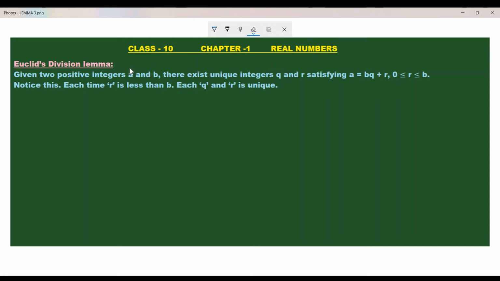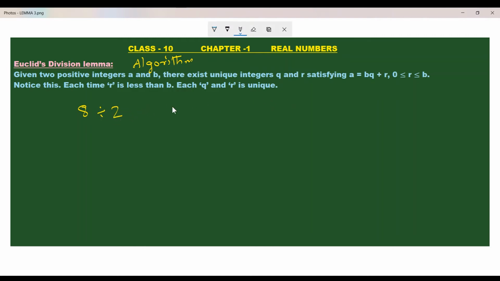Here we are going to see what is Euclid's division lemma and algorithm. See, an algorithm means a predefined set of steps to be followed to solve some problem. For example, if we want to divide 8 by 2, what will we do?